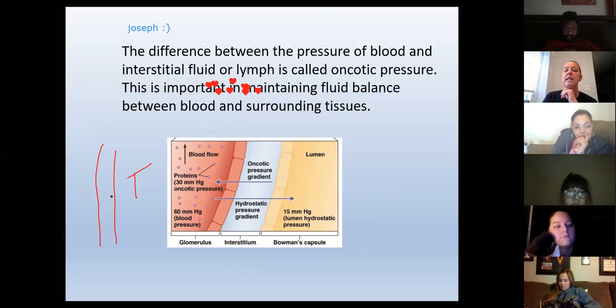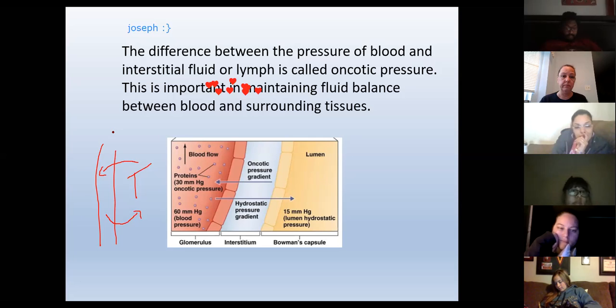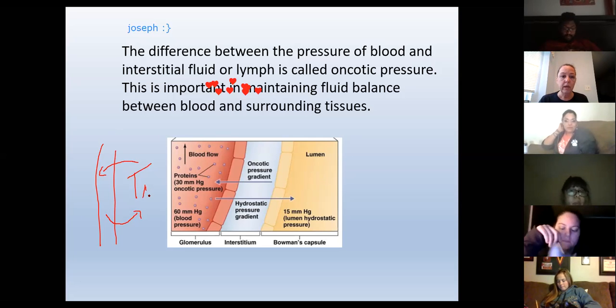So you can now see, based on the premises that we just discussed, I can promote the movement of fluid from the tissue into the blood, or I can promote the movement of fluid from the blood to the tissue. That's exactly what we were just talking about with salt.